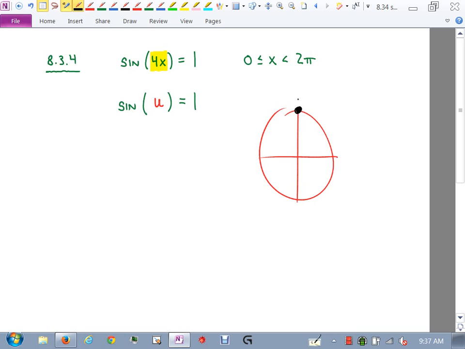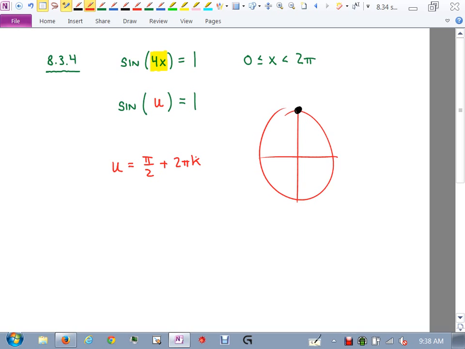So what I'm saying is that not x has to be equal to pi over 2, but u has to be equal to pi over 2 plus any number of rotations. You see the difference? Whatever turns out to be in here, the argument, that argument at the end of the day needs to be pi over 2 plus any number of rotations of 2 pi. If that happens, then yes, the answer will be 1.